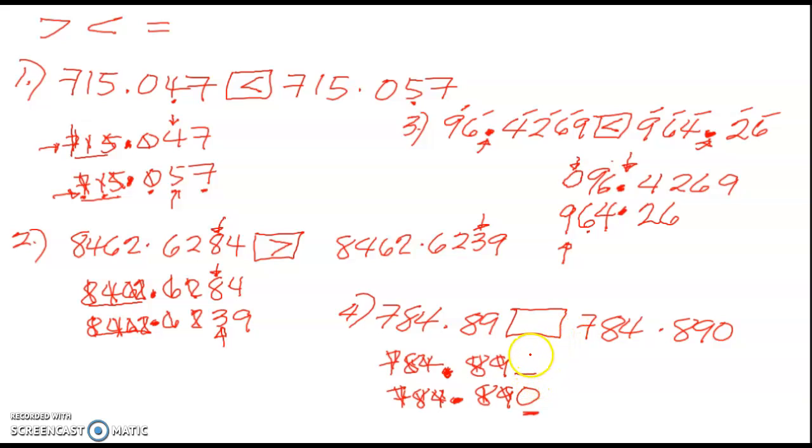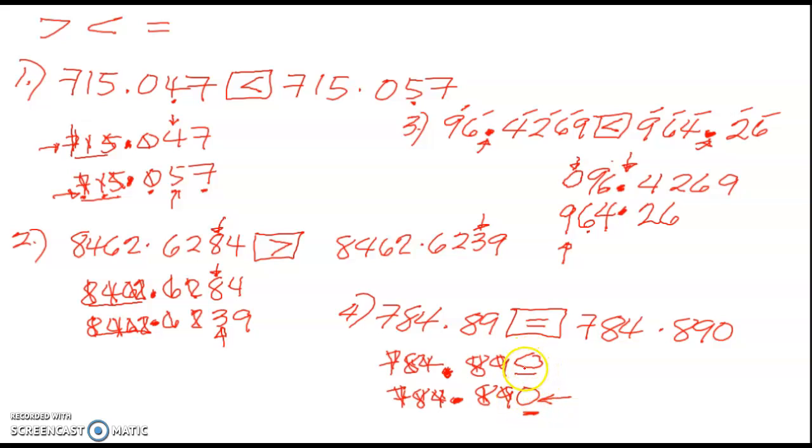So this is also equivalent to 0 because 0 here is only a placeholder. It has no value at all. Just like this one here, they are equal. Okay, so when we compare that, it will be equal because the 0 here has no value at all.